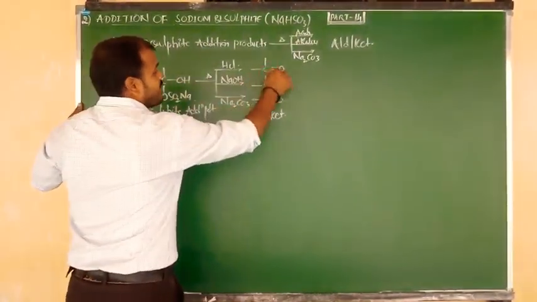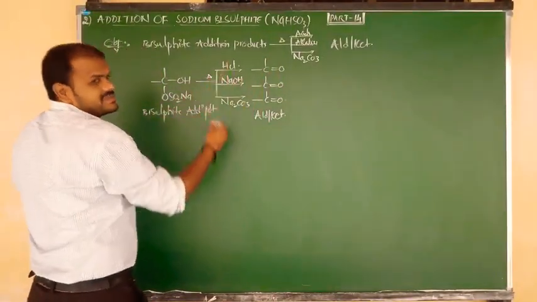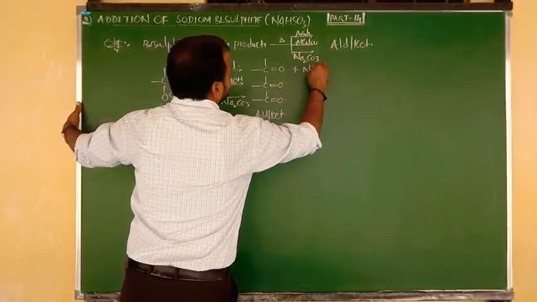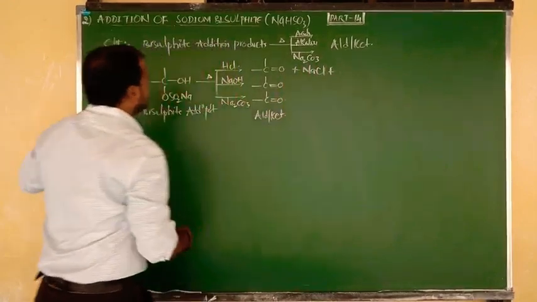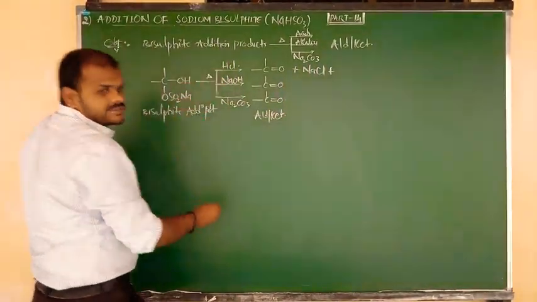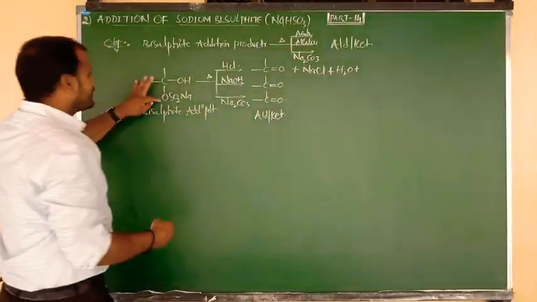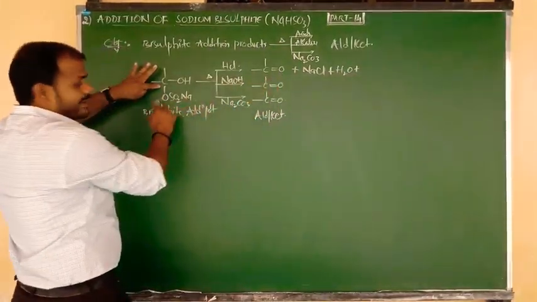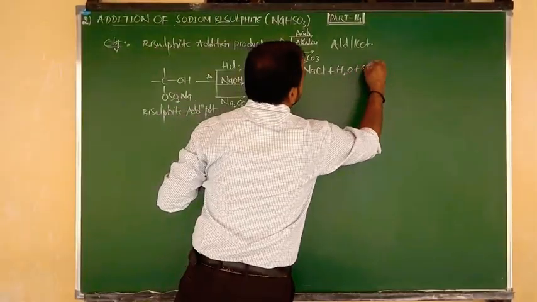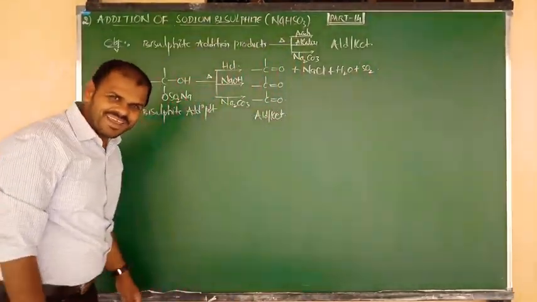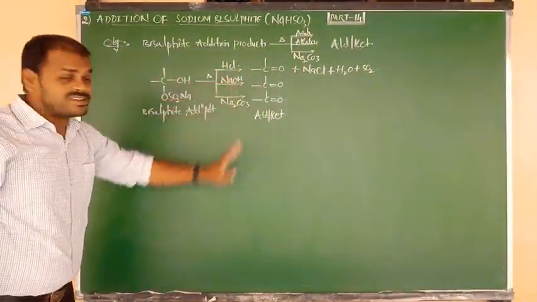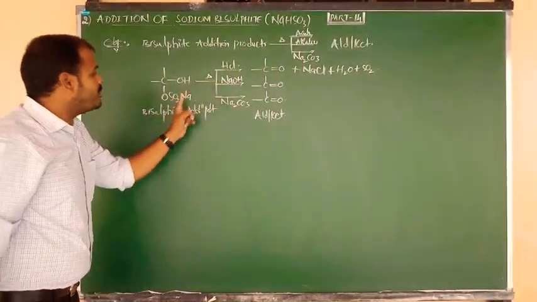Along with the formation of aldehyde and ketone, Na combines with Cl and is eliminated in the form of NaCl. H plus combines with OH and is eliminated in the form of a water molecule. One oxygen remains here, the remaining SO2 group will be there, and that SO2 gas has to be removed.